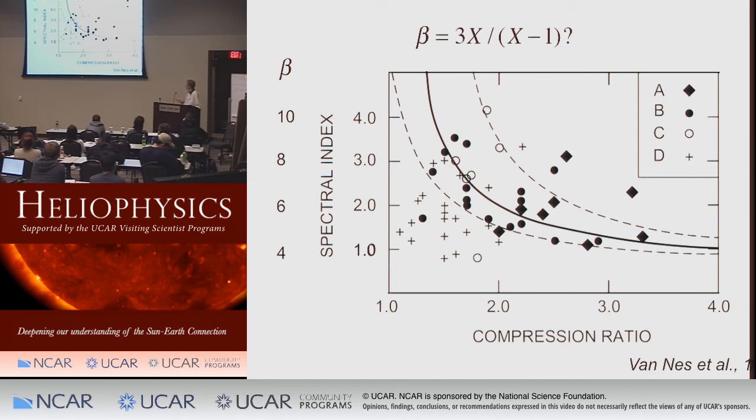And of course, you could argue that shocks vary along their surface and particles move along the shock as they go through their acceleration process. You wouldn't expect it to be one-to-one.